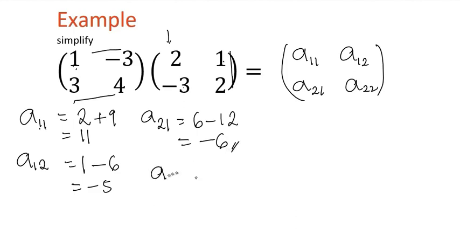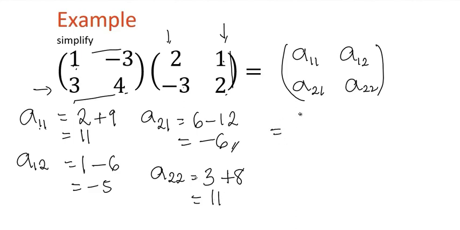Okay? We now go to second row, second column. 3 times 1 is 3. 4 times 2 is 8. So we have 11. So we can put it here now.